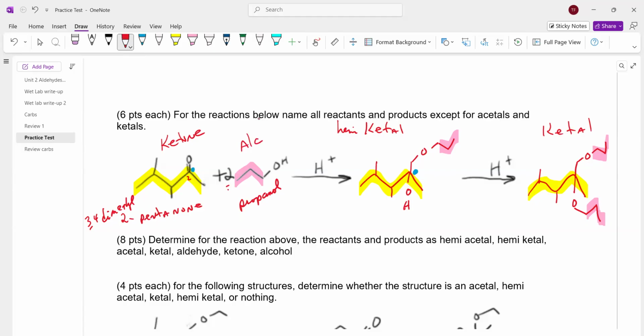And because it happens twice, if we didn't have a 2 there, it would go to the hemiketal, then we'd have to add another propanol to continue on to the ketal. But because we put 2 in the beginning, that automatically means it's going to go to the full ketal.